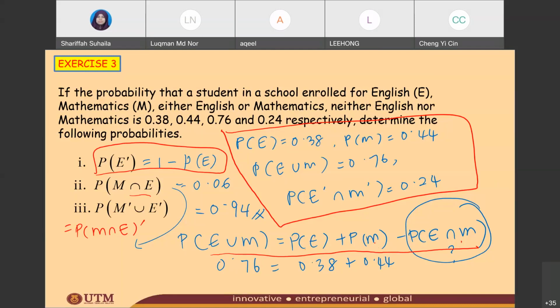M prime union E prime is actually the complement of M intersect E prime, so in this case 1 minus 0.06. So all of this is in the additive rule of probability.